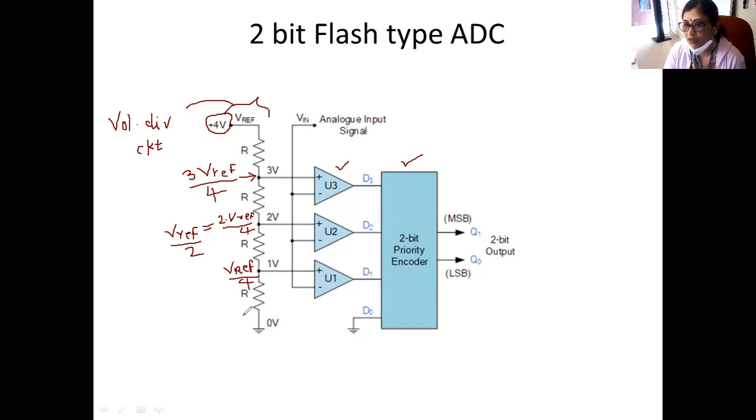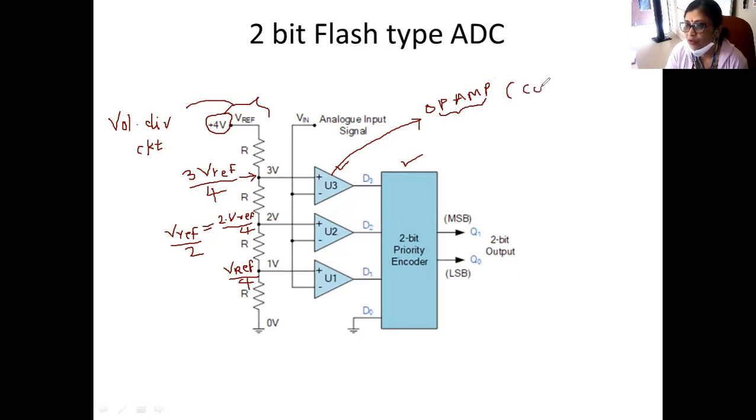Okay. Now, here you can observe there are three triangles with plus sign and minus sign. So this type of component is called an operational amplifier. We are using three operational amplifiers, and these operational amplifiers are used as comparators.